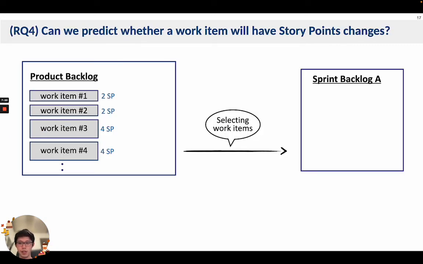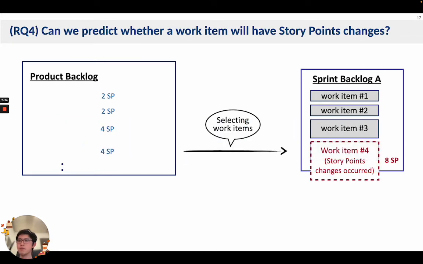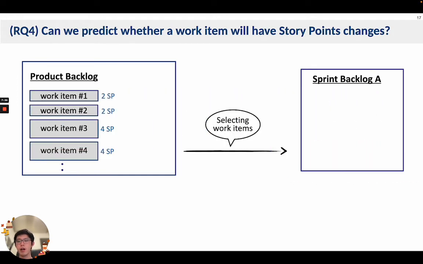During sprint planning, the team selects the work items from the product backlog to the sprint backlog. Since story point changes may occur after that, the sprint plan may become inaccurate. But checking all work items could be a tedious task.